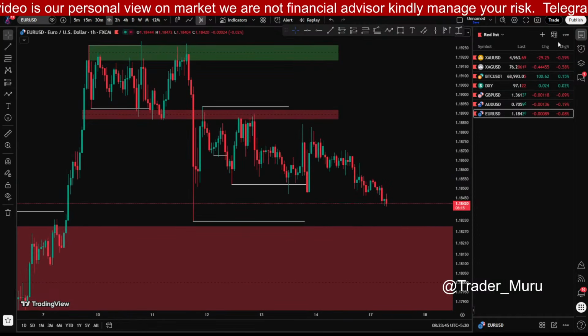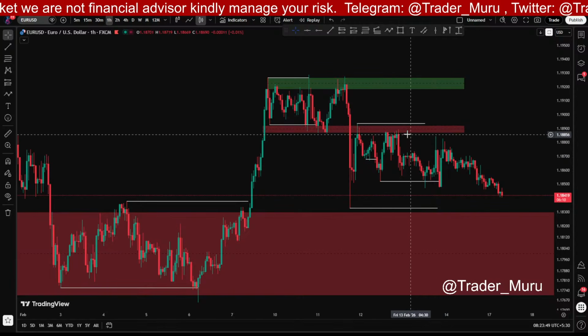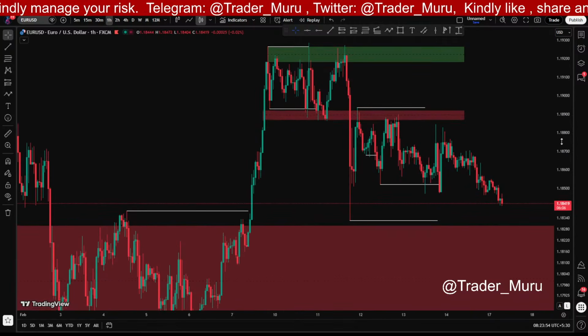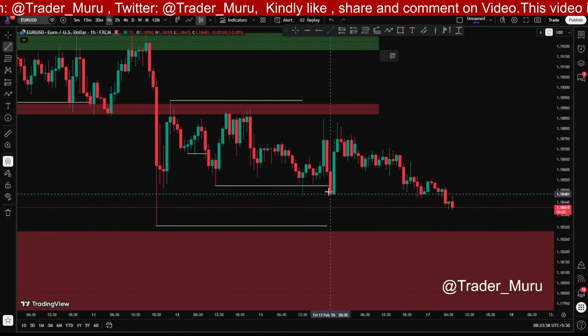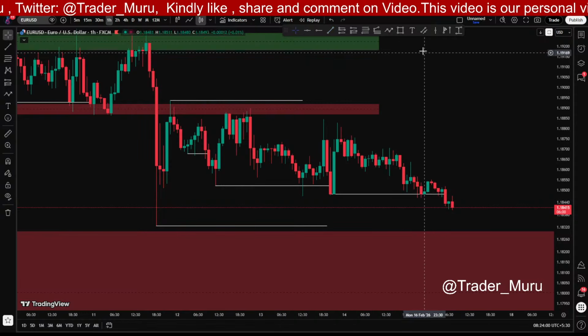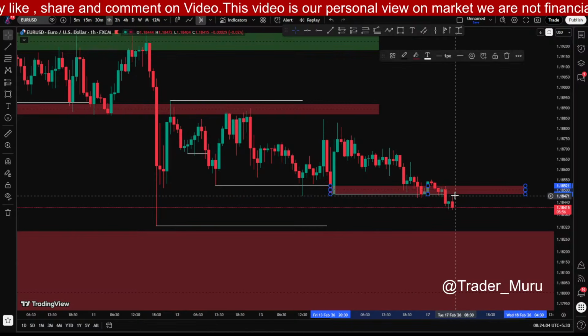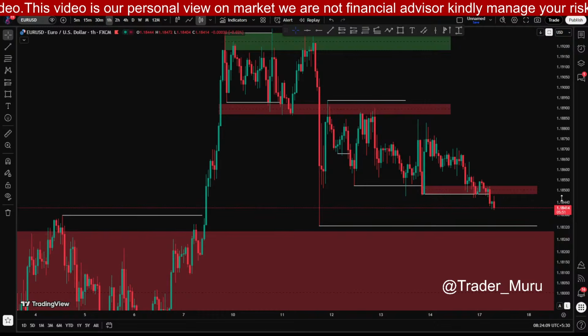Euro is still bearish. We have already told you guys that below this red zone Euro is bearish, and we have this breakout structure, again the breakout structure. This is your new breakout structure. So on the retest here, it can drop to this low. This low will be hunted soon.